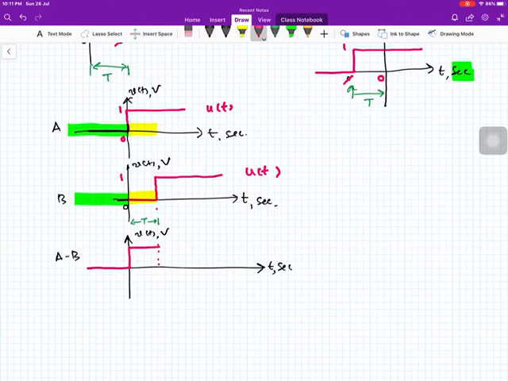Then from this time instant towards positive infinity, the B signal is 1, and from the same time instant towards positive infinity, A waveform is 1. So 1 minus 1 is equal to 0. Therefore, this is 0.